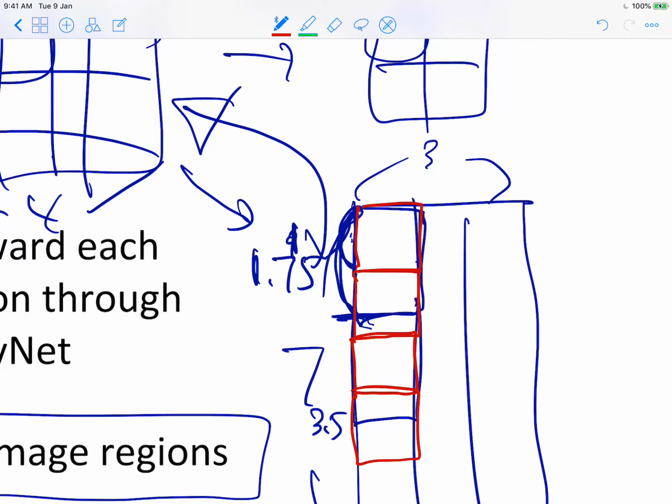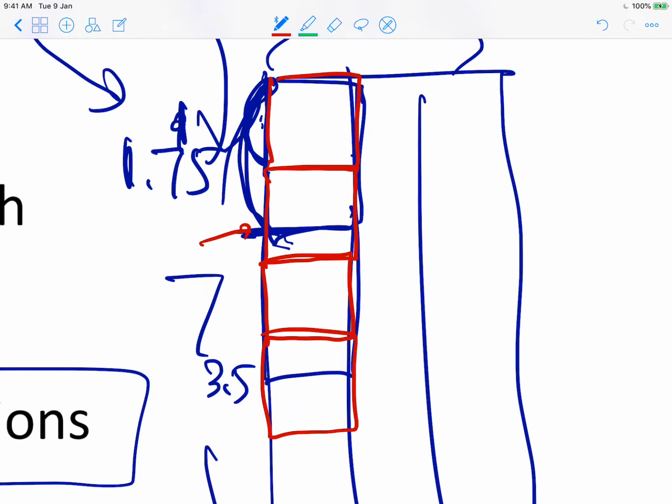Does it make sense? Let's think of this second pixel. The second pixel has the first pixel with the amount of 75% and 25% of the second pixel, right?